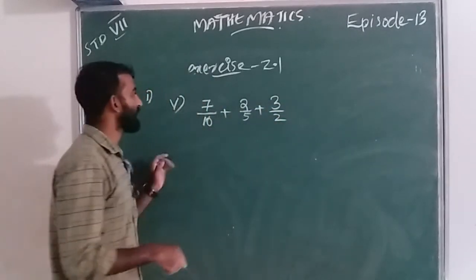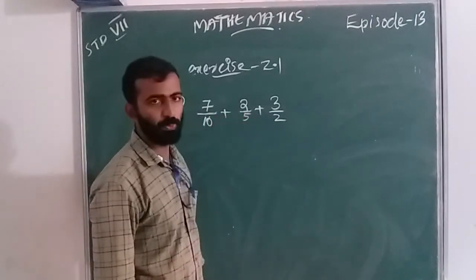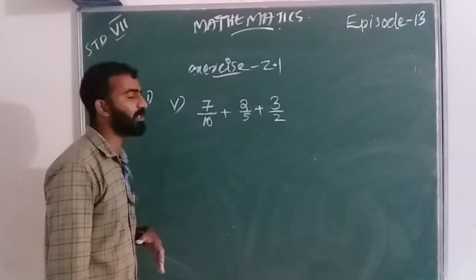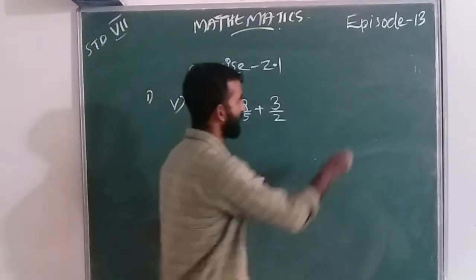We want to find the sum of 7 by 10 plus 2 by 5 plus 3 by 2. First we want to take the LCM, the least common multiple of the denominators.